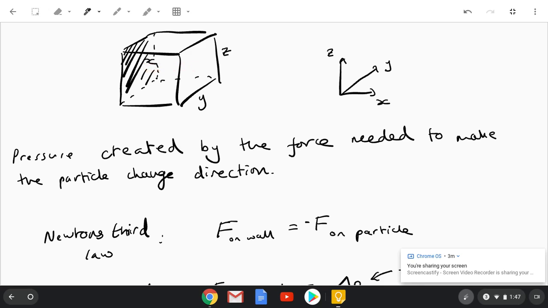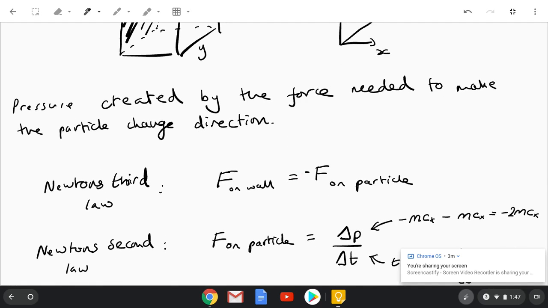Now, when the particle strikes the wall, it will create a force on the wall due to the change of its momentum. Due to Newton's third law, the force the particle creates on the wall is equal to the force on the particle in the opposite direction, and the opposite direction is shown with that negative sign.